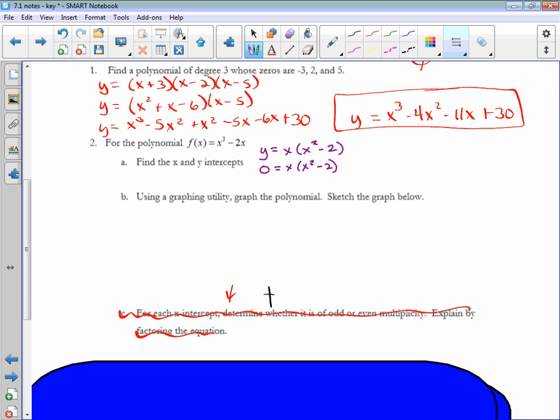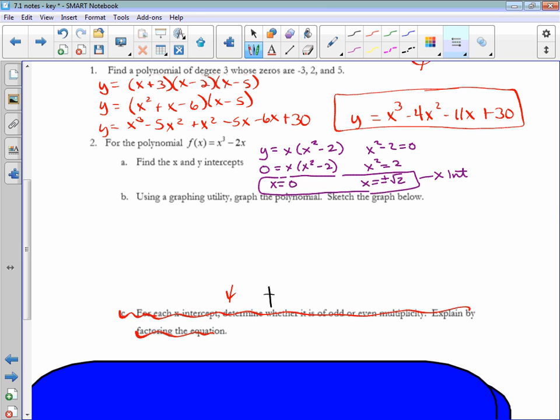And what do I get for my x values? I'm looking at x equals 0, right? And then if I'm solving x squared minus 2 equals 0, what do I get? Plus or minus root 2. So these 3 points, these are your x-intercepts.